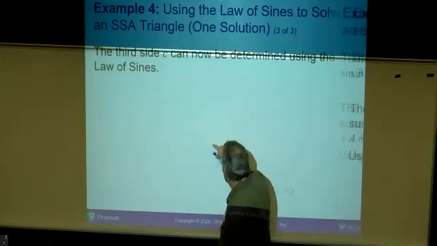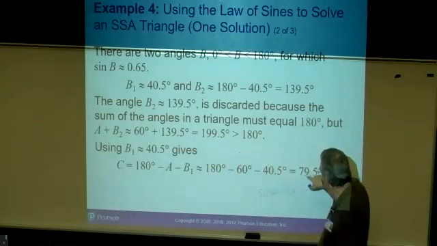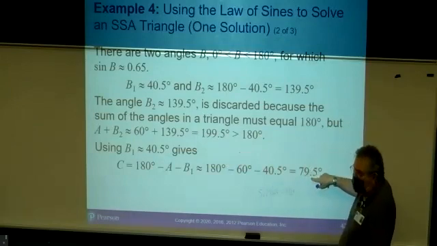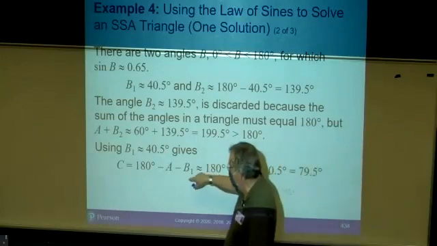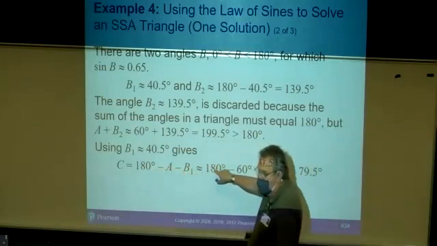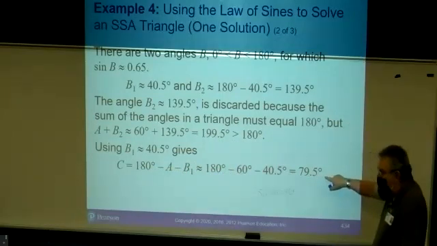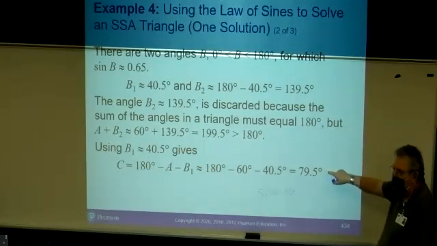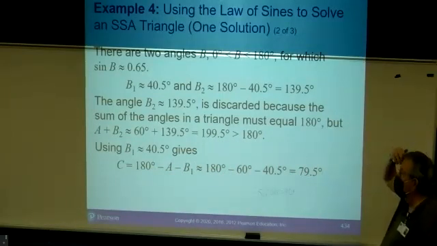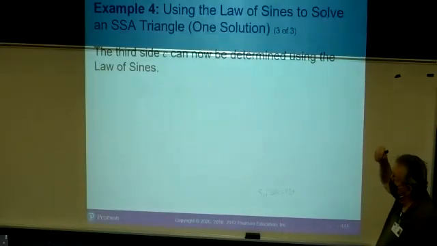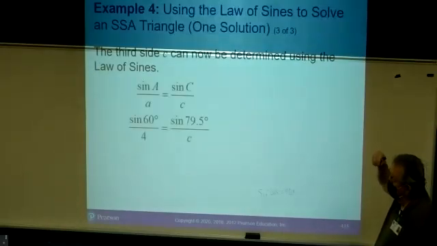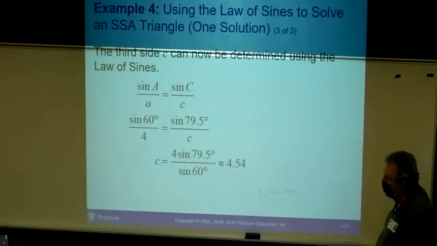Well, we found it over here. Angle C is subtracting A and B from 180. Oh, so that's how they got angle C. Okay. And so then you just cross multiply and divide to get that C is 4.54.